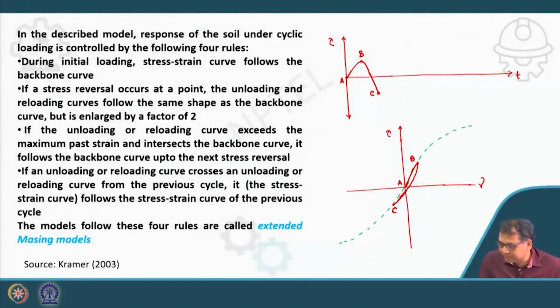Now this loading is extended up to D. So it will also follow the backbone curve and go up to the D point, because the third rule says that if it intersects the backbone curve, at the C point, it will follow the backbone curve up to the next stress reversal.